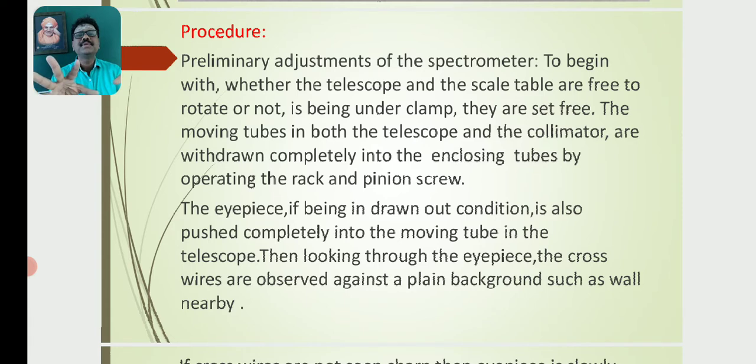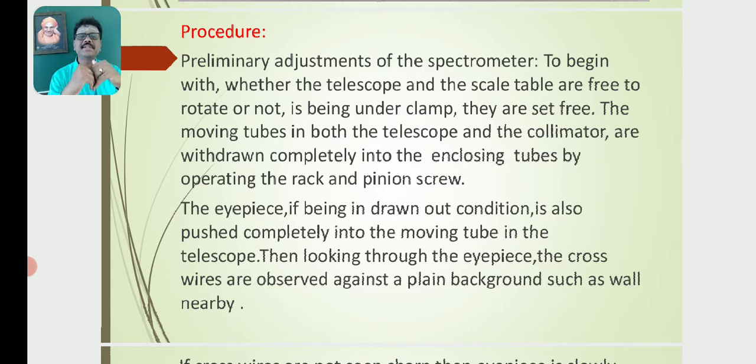The moving tubes in both the telescope and collimator are withdrawn completely into the enclosing tubes by operating the rack and pinion screw. So first check the spectrometer, then the telescope, then the collimator, whether they are free to rotate or not.